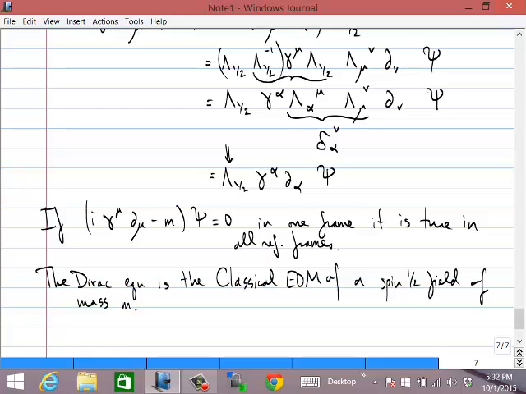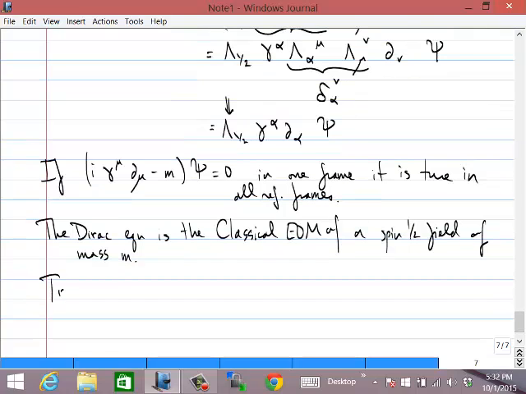In particular, how does psi transform under a translation? Well, it doesn't get multiplied by a matrix at all. Under a translation, psi of x goes to psi of x plus a, which is e to the i a^mu p_mu psi of x, where again p_mu is that differential operator d by dx^mu.